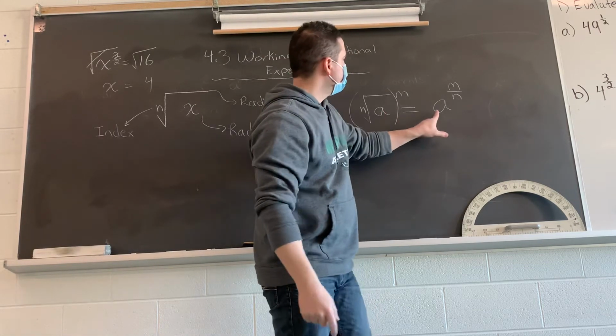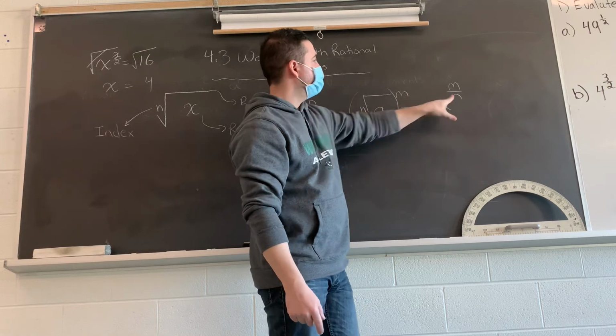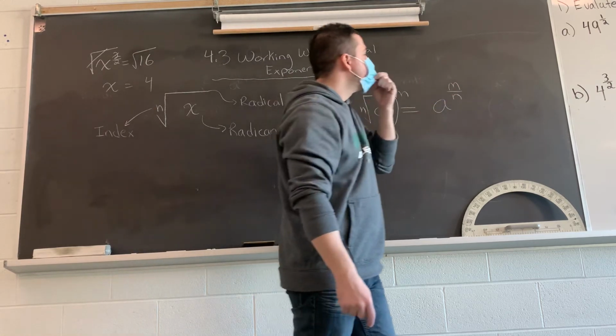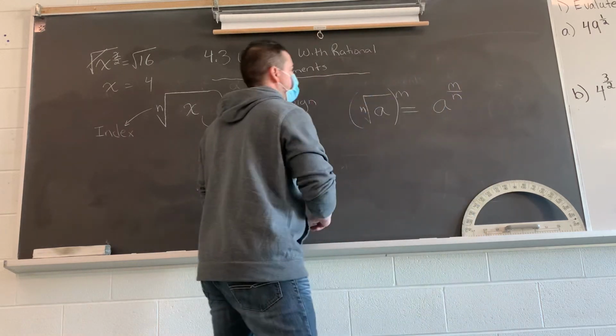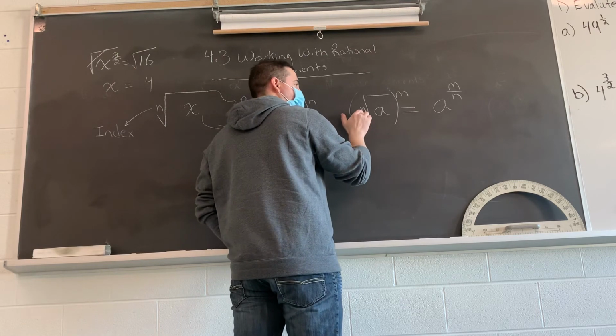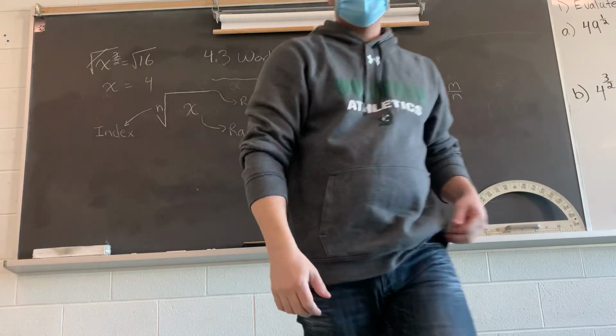So what happens is it becomes a, your m is the numerator, and your n becomes the denominator. So we end up just dividing them. That's the only two. So we can convert it into an exponent. All right.